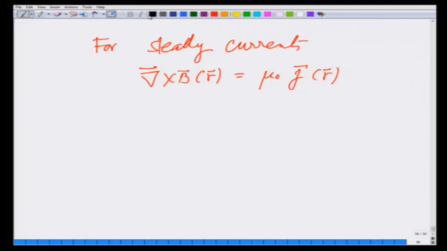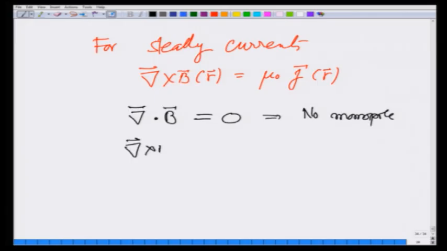So, what we have found in this lecture through Biot-Savart law is that divergence of B is 0, and this physically means no monopole, and curl of B is mu 0 J of r.